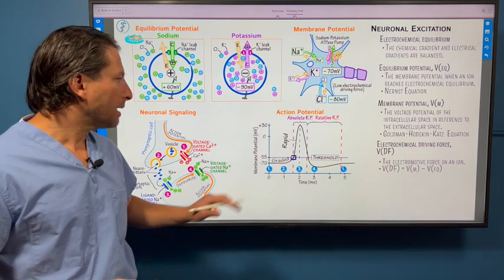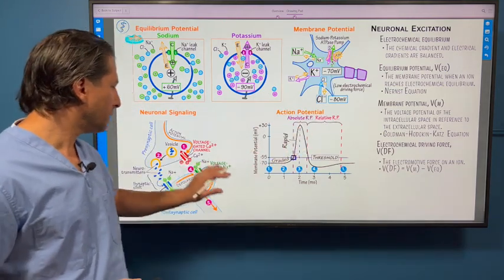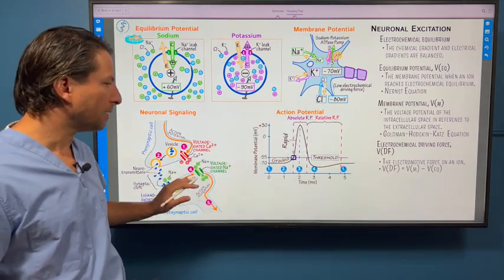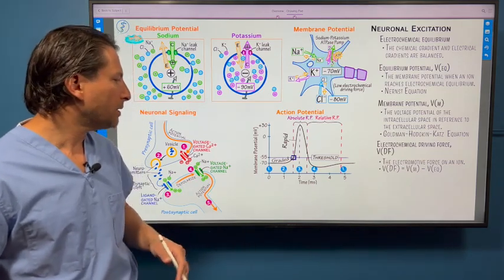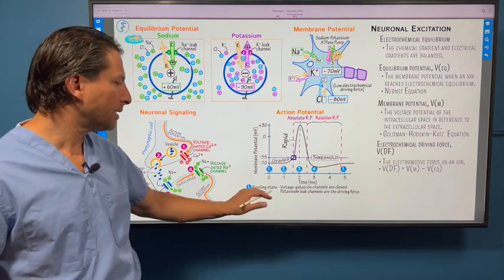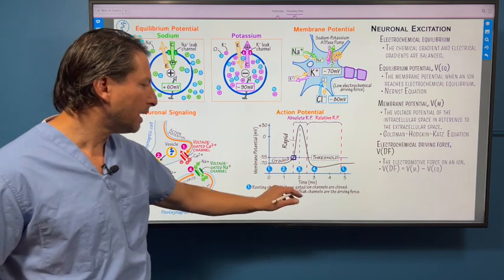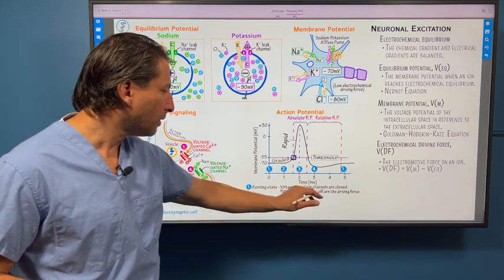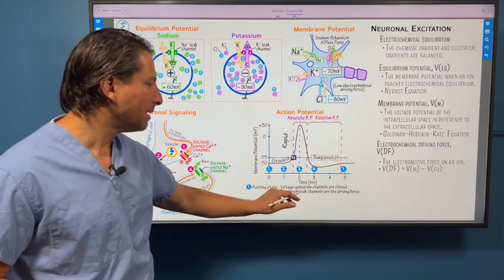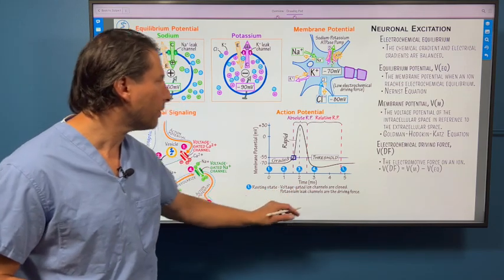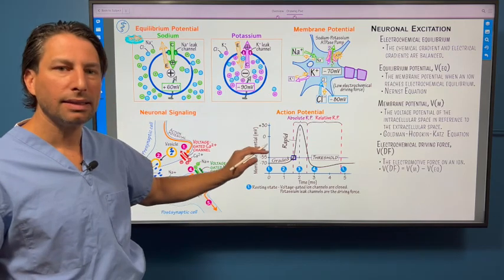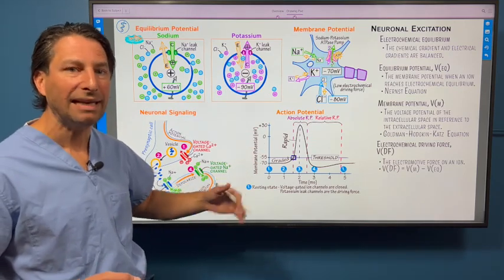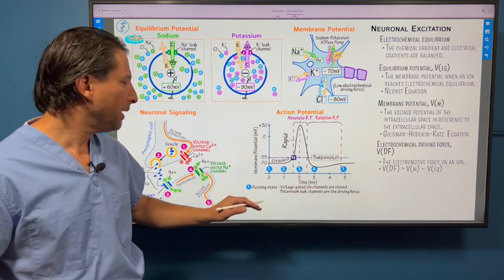So let's get into the action potential itself to understand how this is activating action potentials through depolarization. So at baseline, there's a resting state where the voltage-gated ion channels are closed and potassium leak channels are the driving force. So if potassium is leaking out of the cell, then the cell is becoming more negative in its resting state.